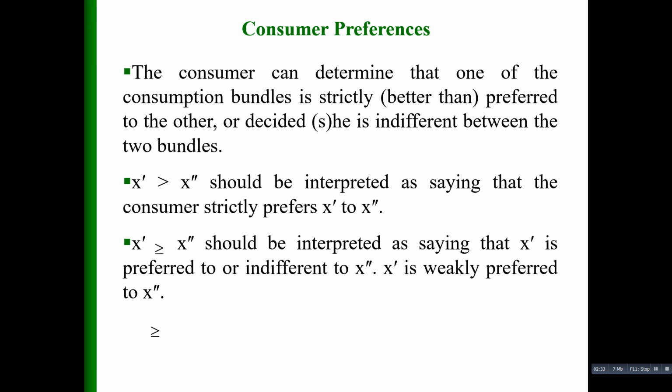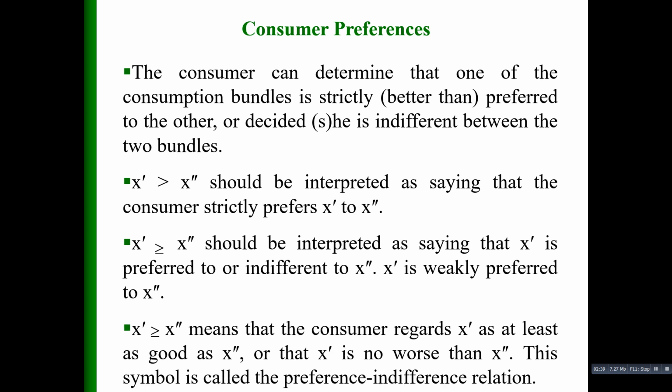So it means x prime is weakly preferred to x double prime. Thirdly, x prime greater than or equal to x double prime means that the consumer regards x prime at least as good as x double prime, or that x prime is no worse than x double prime. This symbol is called the preference indifference relation.